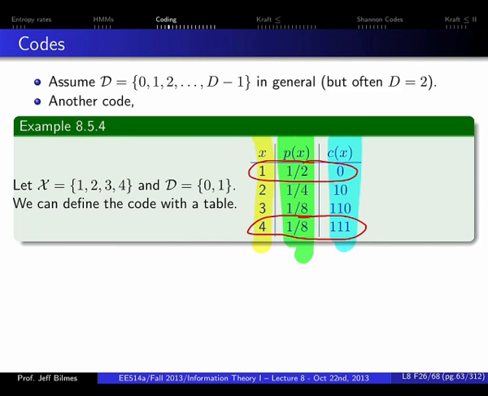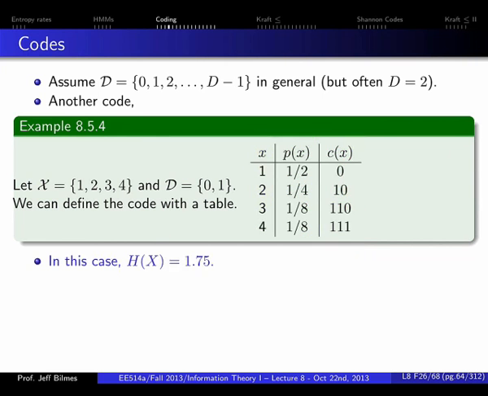So this is probably the right idea, right? Because for low probability things, you want longer code words. For high probability things, you want short code words. That's the best way, essentially, to get a short expected length. But before we get into even that idea, we need to make a bunch of definitions.